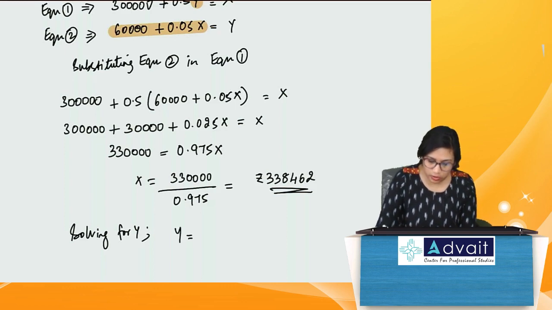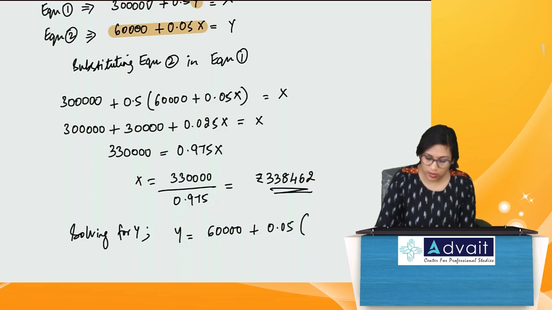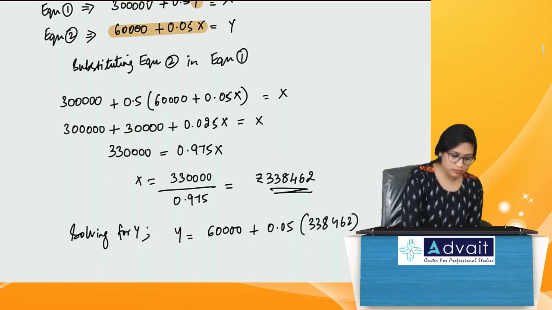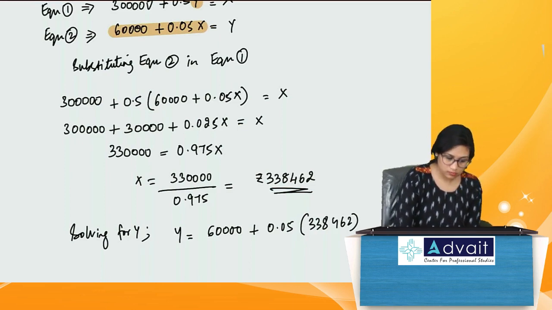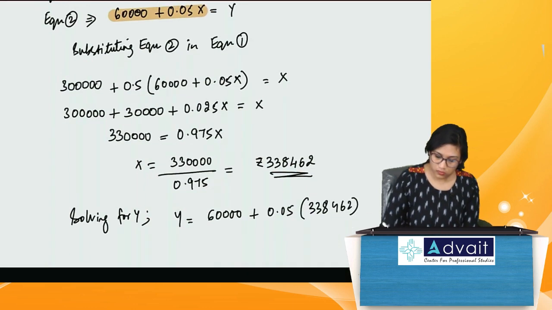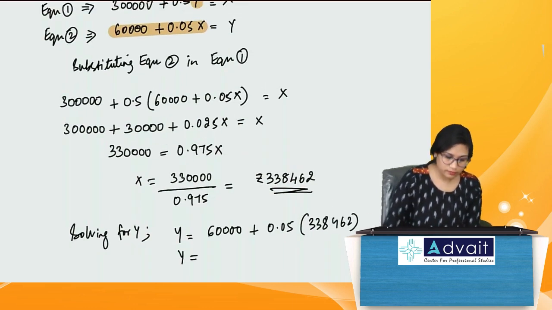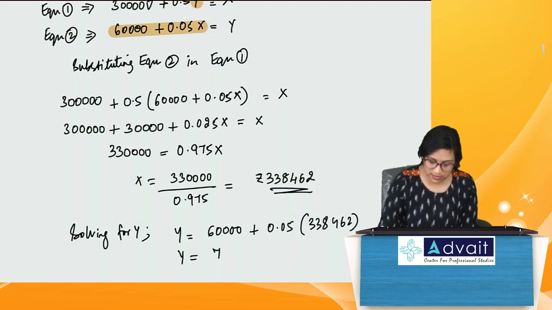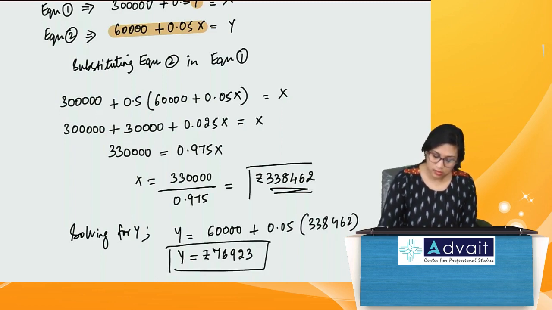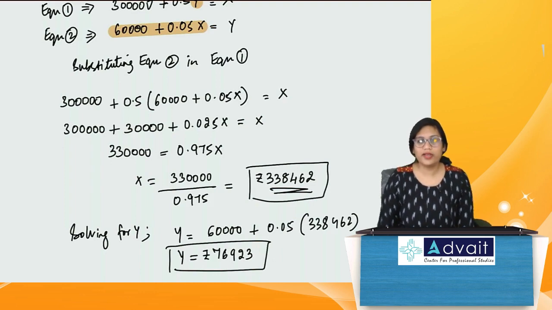So y is equal to 60,000 plus 0.05 into x, which is 338,462. So how much do you get y as? 76,923. 76,923 is what I've got. Please check.